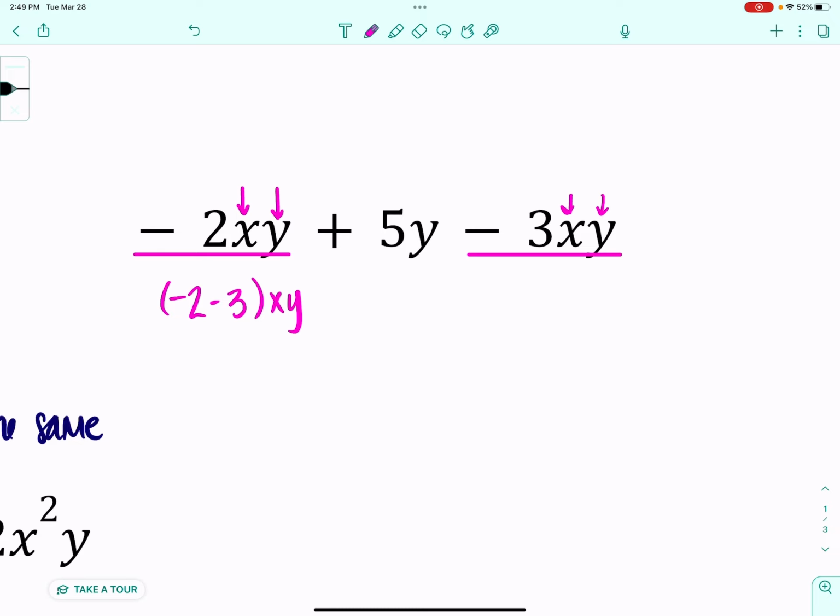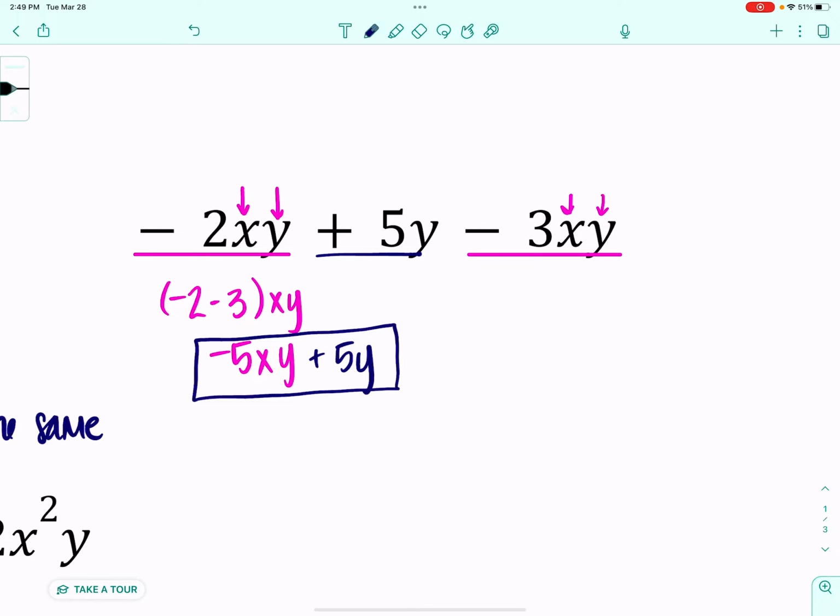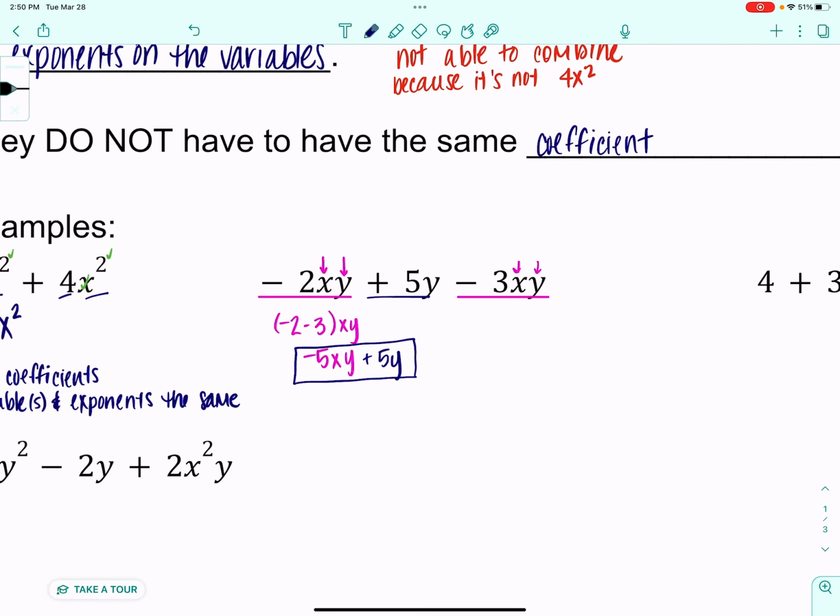Well, negative 2 minus 3 is negative 5. Now, since I don't have anybody to combine my plus 5y with, I'm going to bring it straight down and leave it alone. I'm not going to mess with it because I can't put him with anybody else.